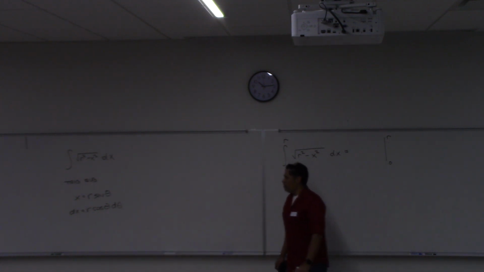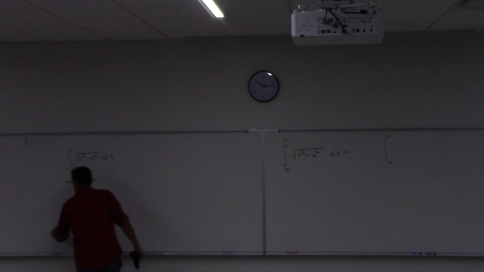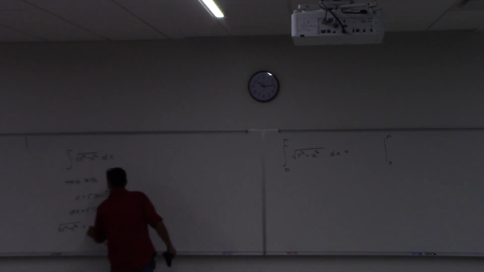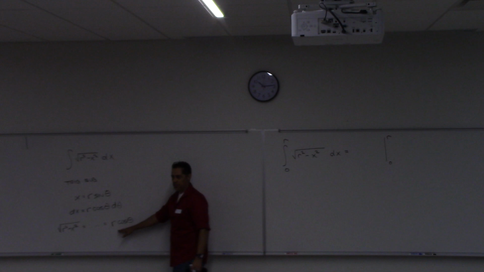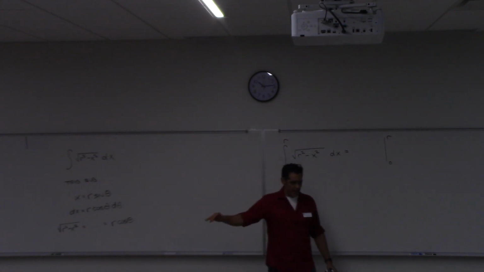And then what does the square root of r squared minus x squared turn into? I won't show the work. Yep. And at the end, when it cleans up, it'll turn into r cosine theta. I'm not showing that, okay?